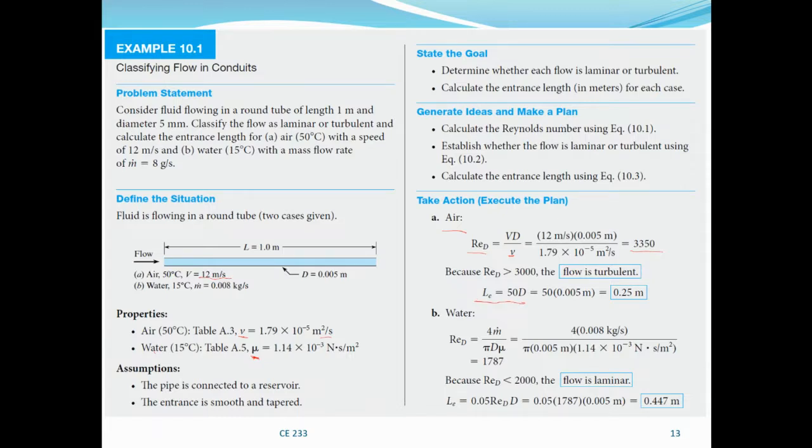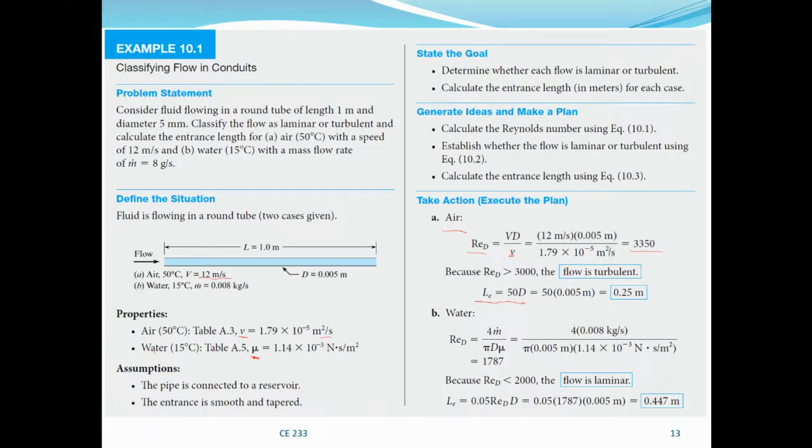That's the entrance length, simple. The entrance length is the length within the pipe that the flow is developing, meaning the velocity profile is changing in the direction of flow. So the formula is LE equal 50D. So this is the length, 0.25 meters.